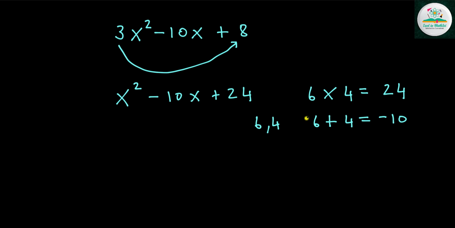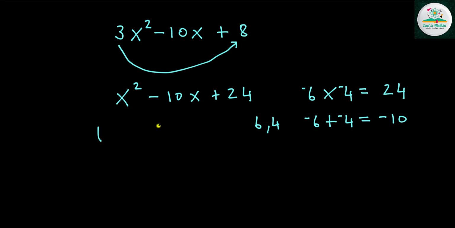But I want a minus 10, so I need to put a minus sign in front of both of these numbers. So I get minus 6 plus minus 4 gives me minus 10, and negative 6 times negative 4 gives me a positive 24.